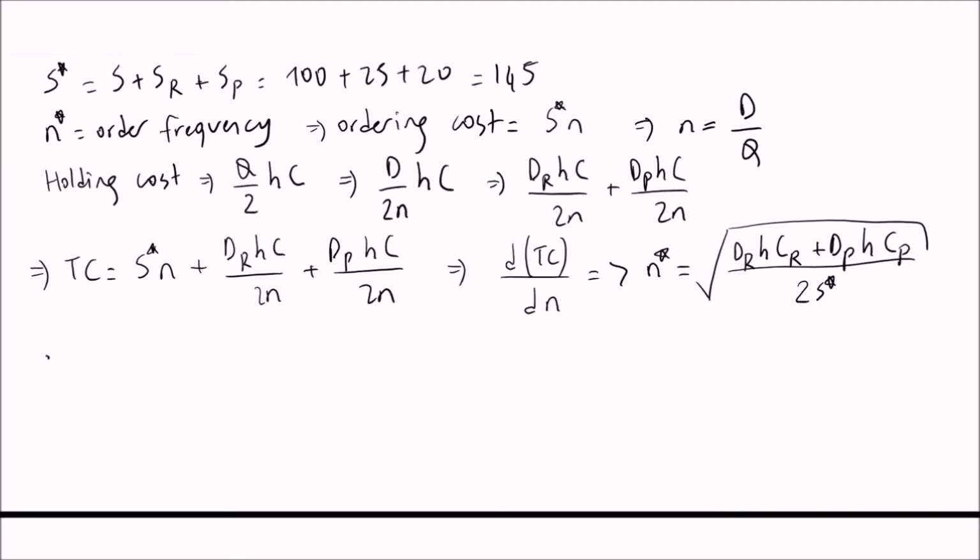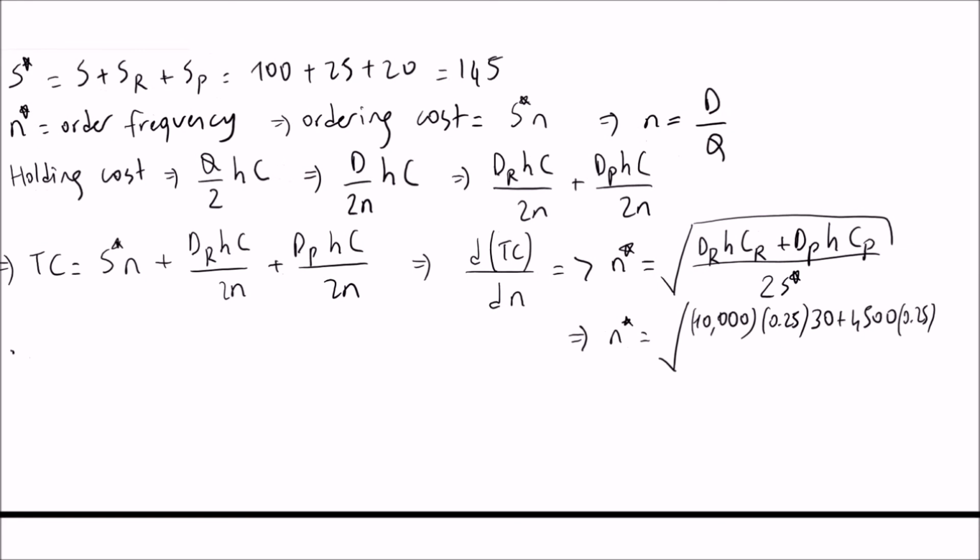So if we plug in the values, so N star, DR is 10,000, H is 0.25, CR is 30, DP is 4,500 times 0.25 times 30, and 2 times S star is 145, and basically the solution to this is going to be 19.36 orders.